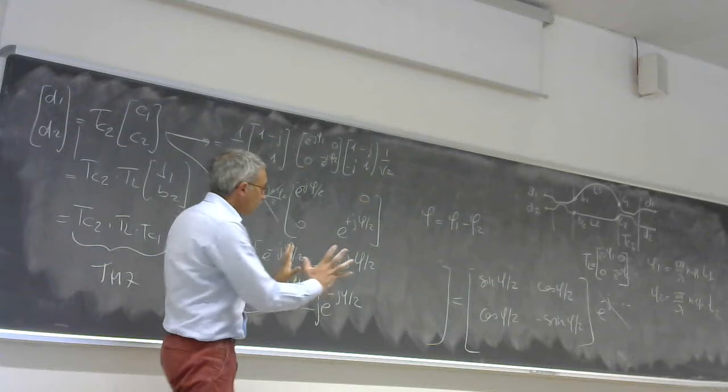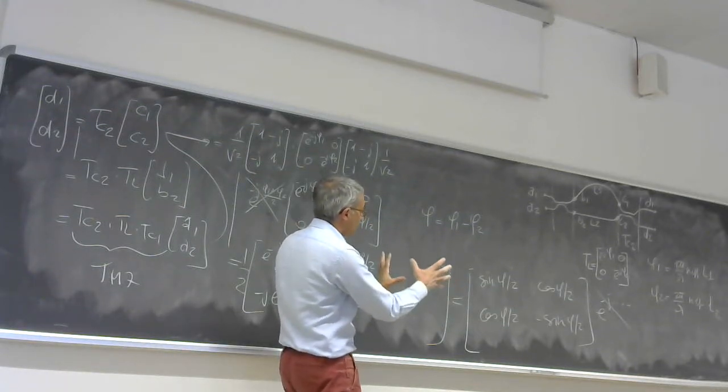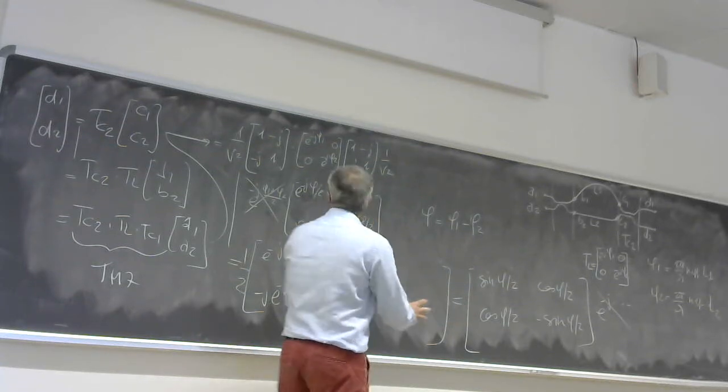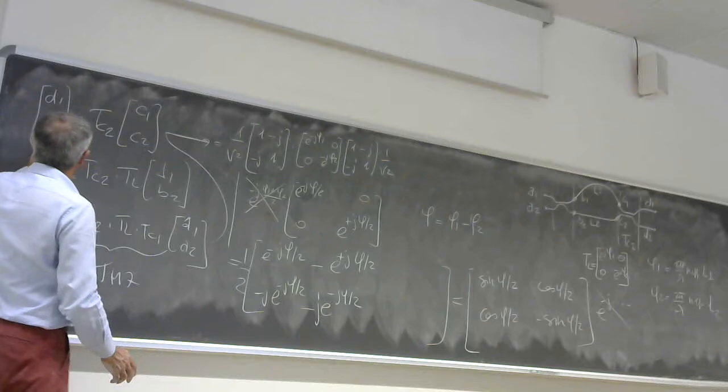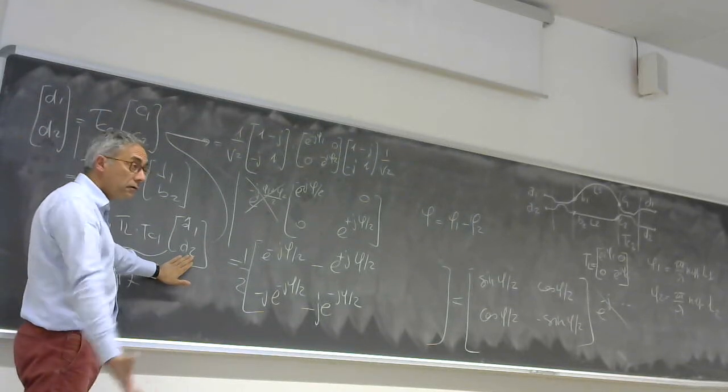I'm not interested. So this is the TM, the transmission matrix of the Mach Zehnder, that relates the output to the input complex field.